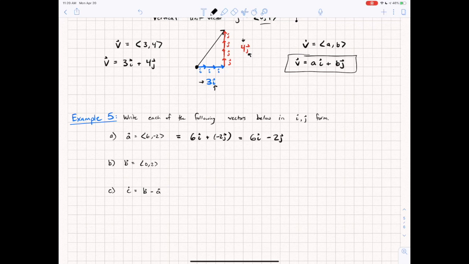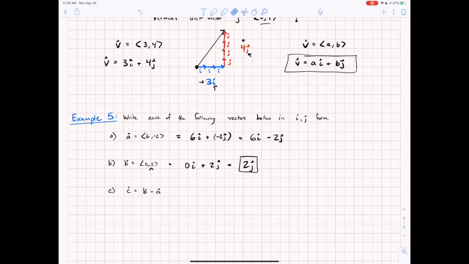It's intuitive and true to write it this way. Then if I wanted to do 0, 2, this would be 0i plus 2j, which is just 2j, right? The 0i means I'm not going anywhere horizontally. So 0, 2 would be a vector going due north 2 units, so it makes sense that its ij form would be written just in terms of j. I'm taking literally 2 j's to get up there.